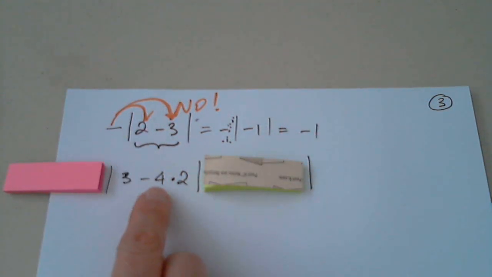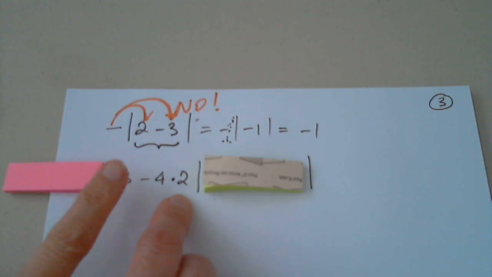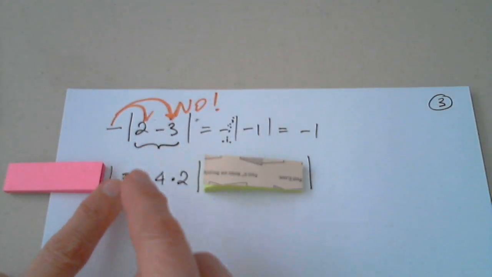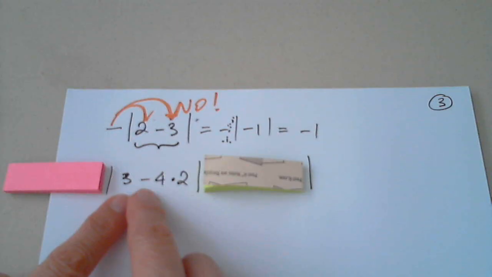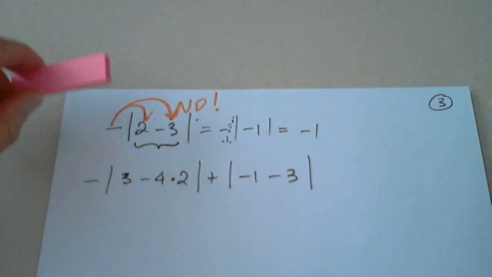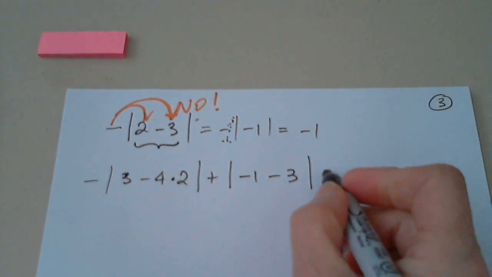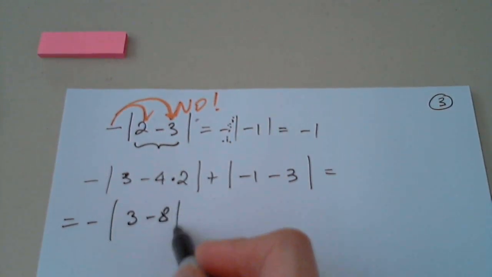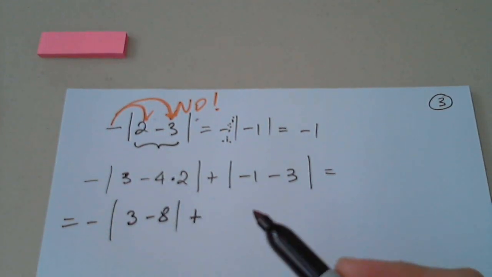So when I multiply 4 by 2, or if you want -4 by 2, however, I prefer 4 times 2 is 8 with minus in front. So it's going to be -8. So now I copy the negative in front, and I copy 3 minus 8. I copy the positive symbol.